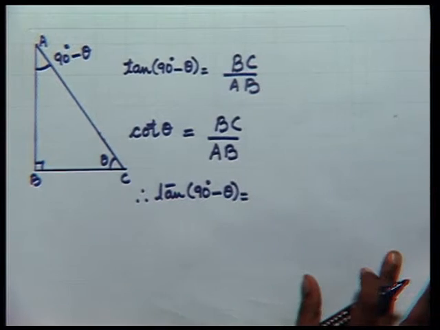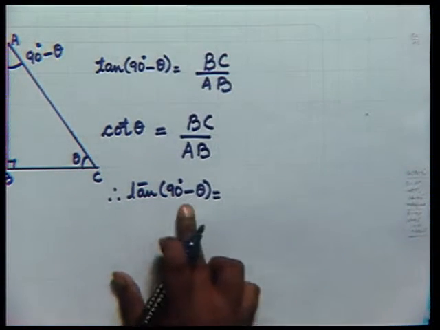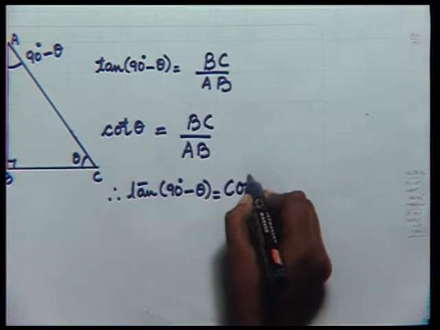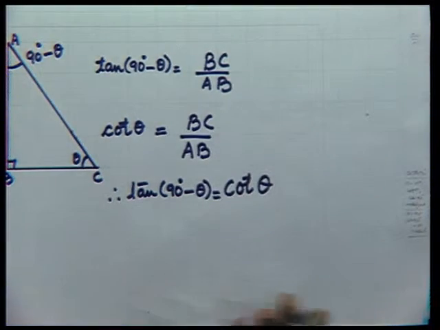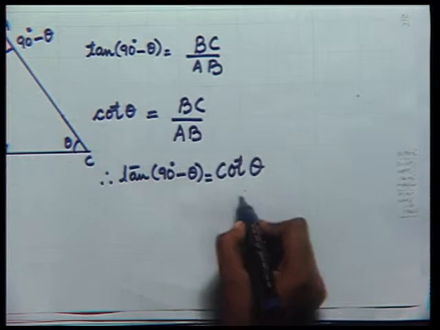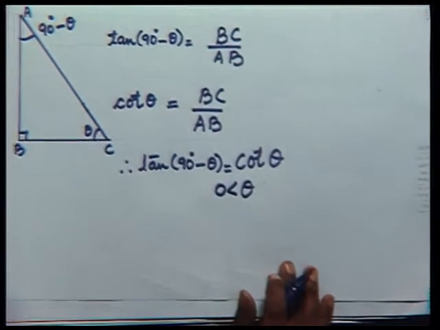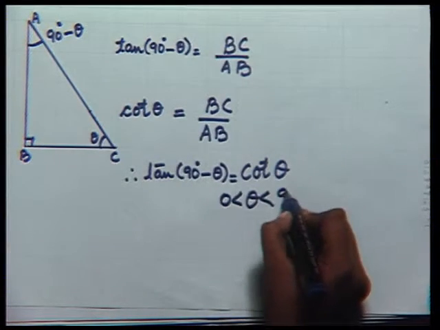Comparing these two, we again have tan(90 degrees minus theta) is equal to cot theta for every theta greater than 0, but less than 90 degrees.